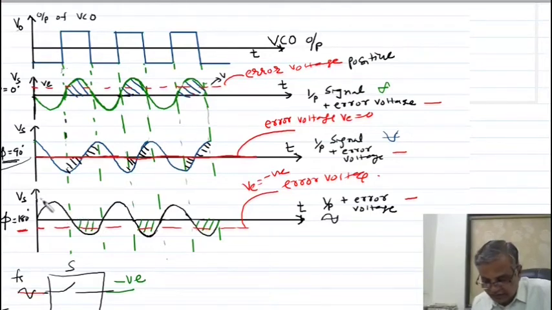When there is a 180-degree phase shift between the square wave and the input signal, then during the positive half of the square wave, only the negative half of the input will be passed to the switch. As a result, a negative error voltage is developed. Listen again.